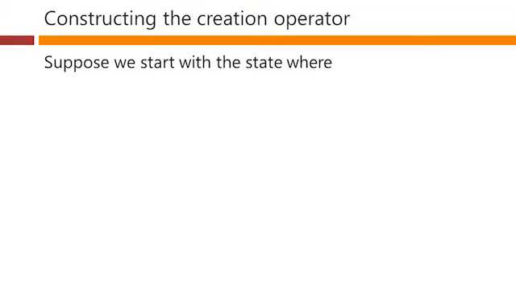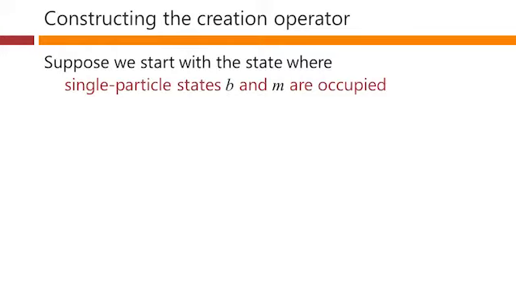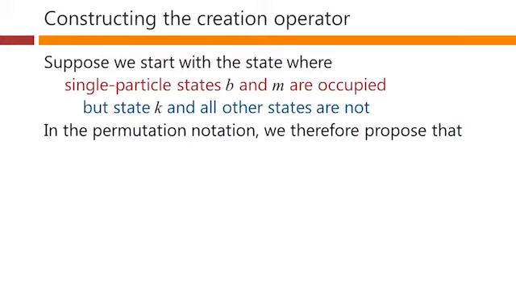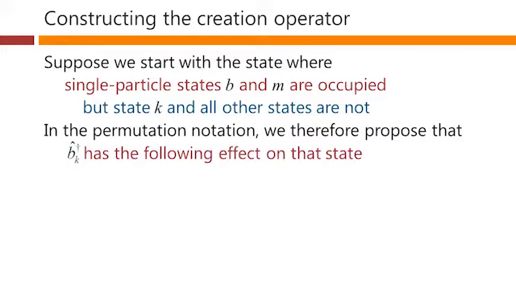So, suppose we start with the state where single particle states B and M are occupied, but the state K and all the other states are not. In the permutation notation, we therefore propose that BK dagger has the following effect on this state we've been talking about up here.